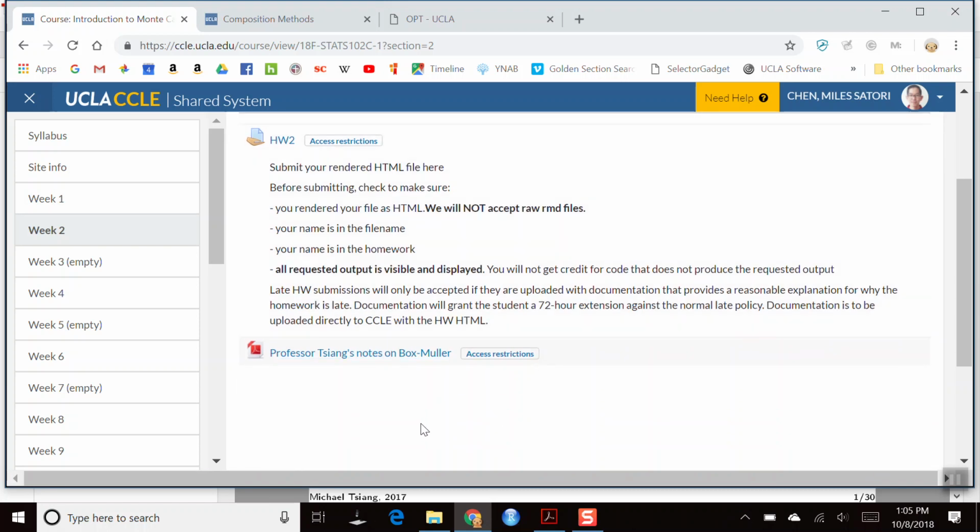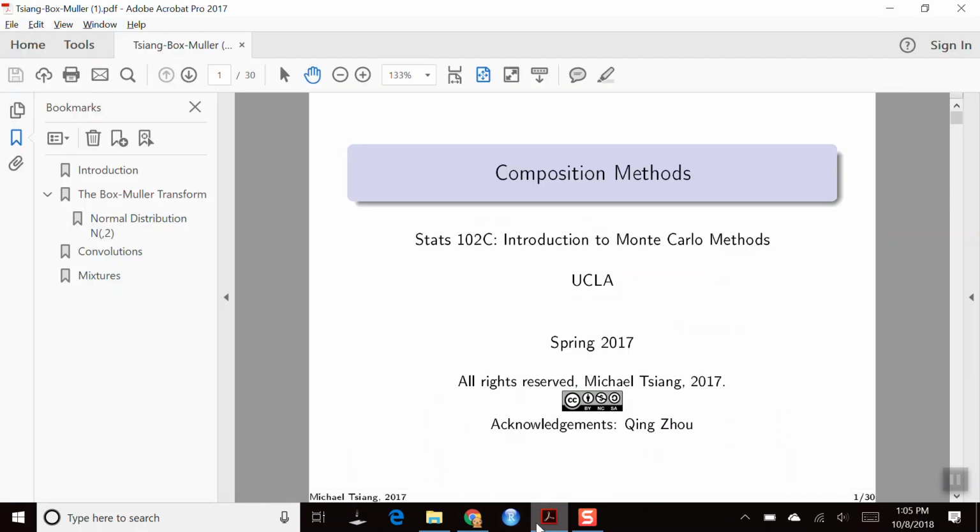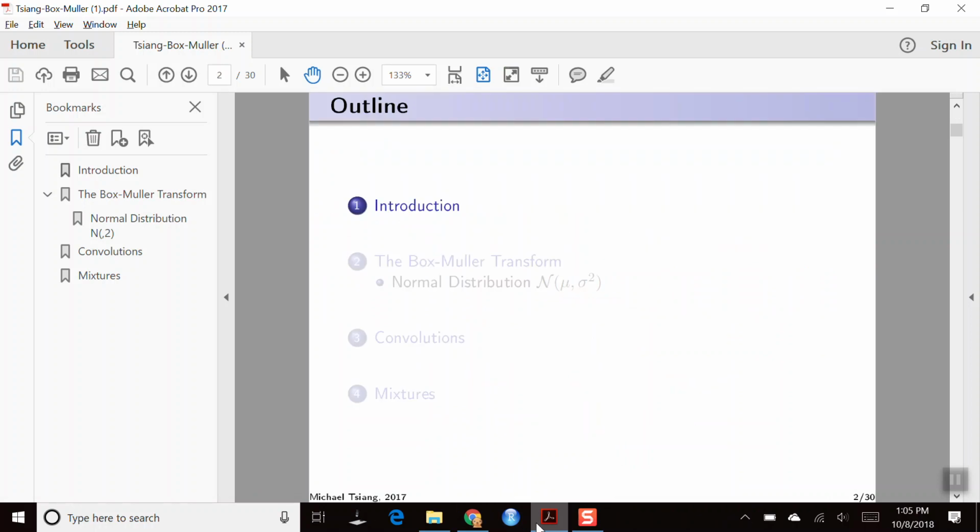This week we're going to cover some more methods on generating values from target distributions, and today we'll look at some composition methods. Specifically, we'll look at the Box-Muller transform. The Box-Muller transform is a method to generate values from the normal distribution.